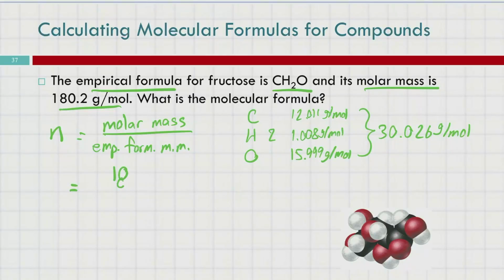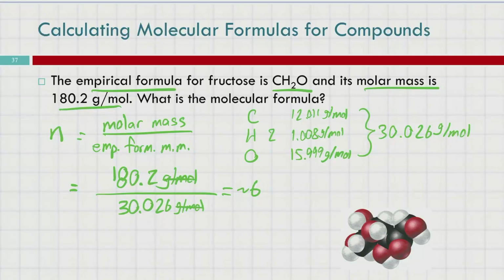So 180, I'm so good at writing, I do it in the wrong order all the time. 180 divided by 30.026 grams per mole. This will give us a number that's right around 6. You should always get a whole number. If you don't get a whole number, something's wrong.